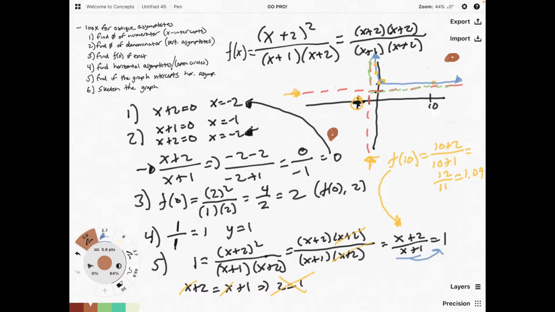But to see where the graph is, if we choose a value of -10, and instead of f of 10, we use f of -10, then we're going to get a -8 here, and we're going to get a -9 here. That's going to be a positive value, and it's going to be very, very close to 1, but it won't touch 1, which is what we have as our horizontal asymptote. It's going to connect to this, and it's going to go closer and closer to 1 this way.